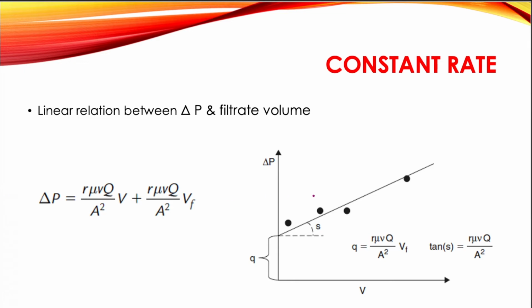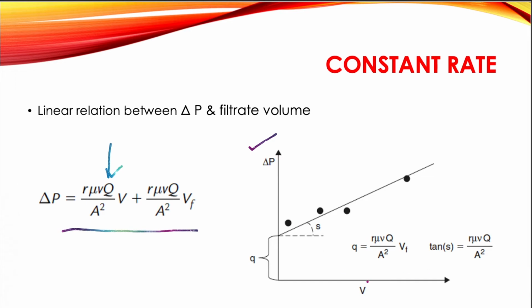So this is an example of how the constant pressure plot takes place. This is with the constant rate. See, this is the equation just now, rearranged to get it in this form.